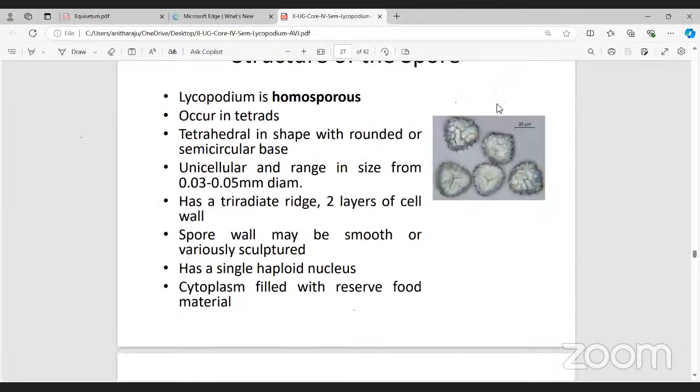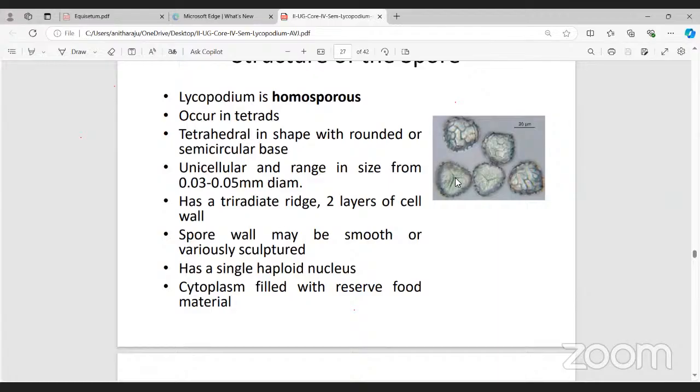Already discussed, homospores are all similar. They are formed as tetrads. Tetrad means four as a group, in tetrahedral shape. That is not important. Each and every spore has triradiate ridges, and a two-layered wall, exine and intine.